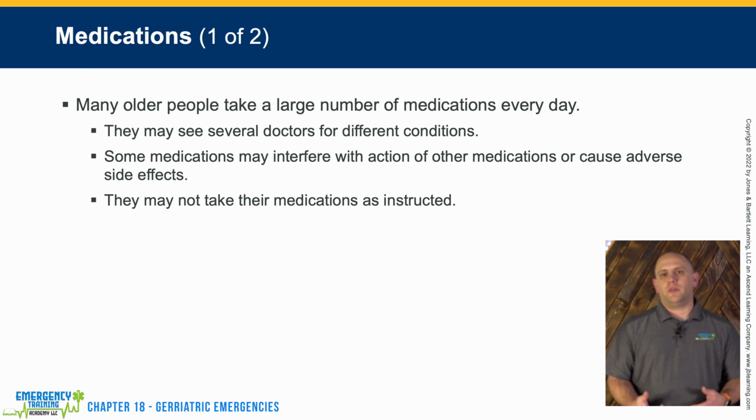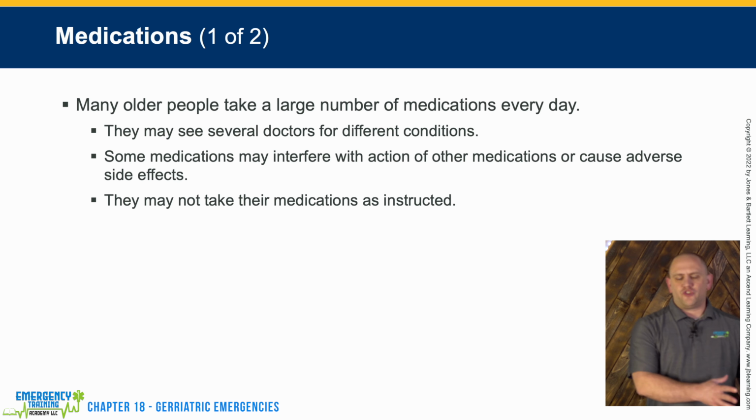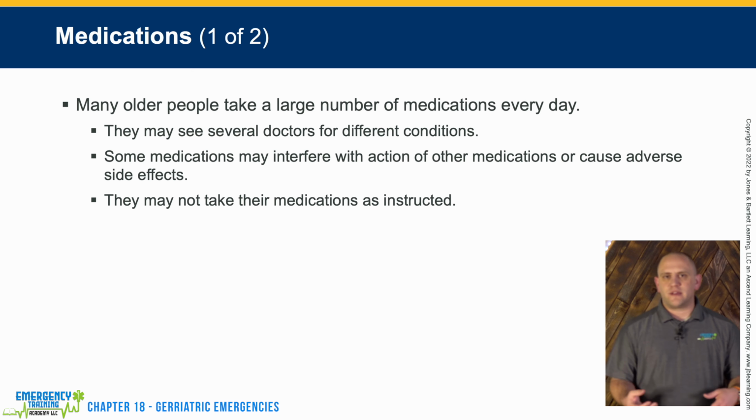Our elderly population, due to the continual decline in their health, are often going to be on a large number of medications that they take every day. Sometimes they see several doctors that treat different disease processes, and each of those different doctors is going to prescribe different medications for the disease that they're treating.